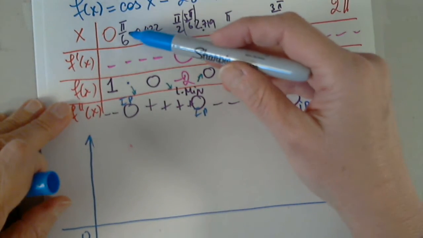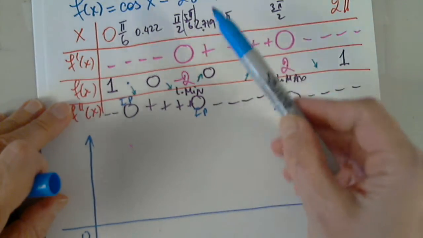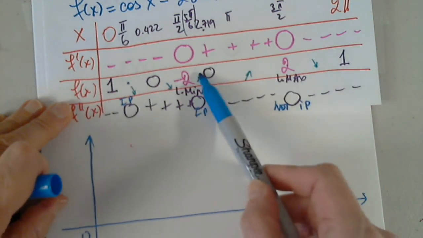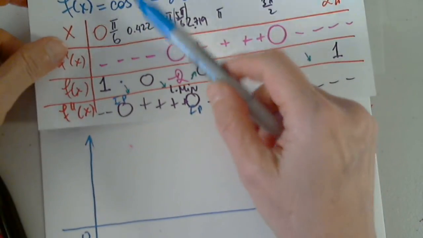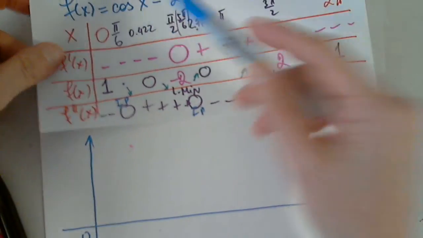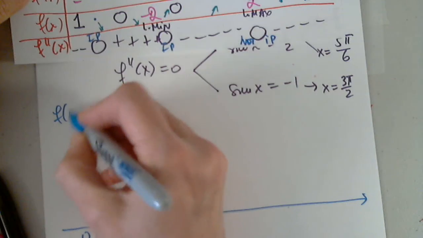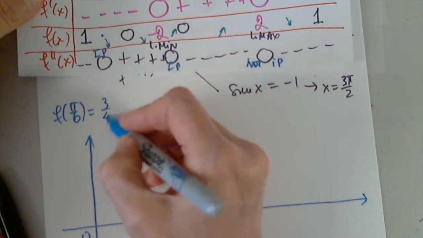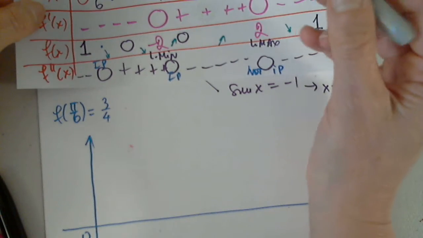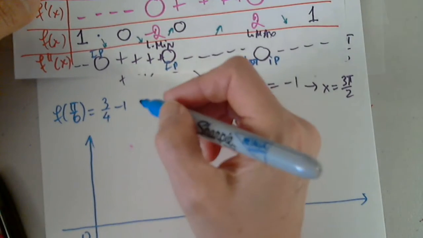But I have to plug in the function pi over 6 and then 5 pi over 6 to get these values. Okay, with pi over 6, this is the square root of 3 over 2, or 3 over 4. So f of pi over 6, one more time, yes, 3 over 4. With pi over 6, this is 1/2, so it's minus 1.